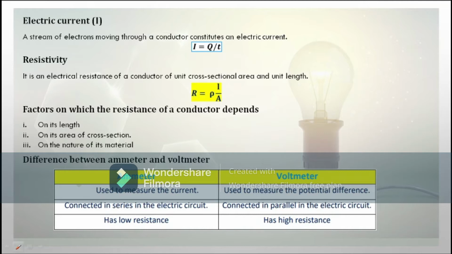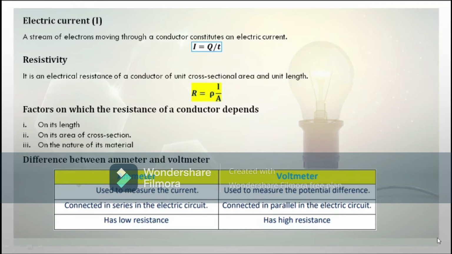The ammeter is connected in series in an electric circuit, whereas the voltmeter is connected in parallel. The ammeter has a low resistance, whereas the voltmeter has a high resistance.